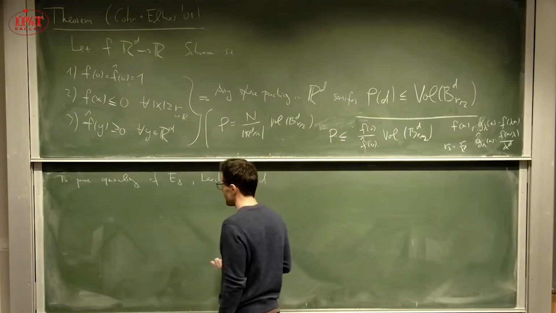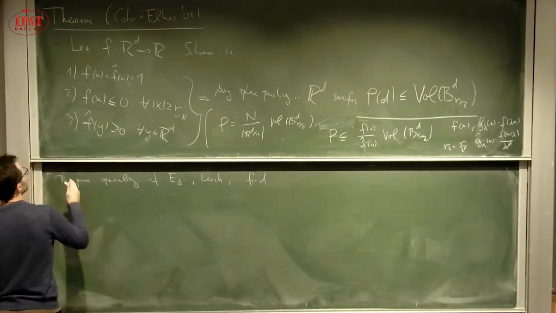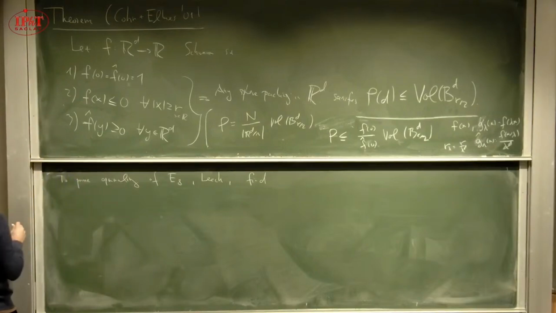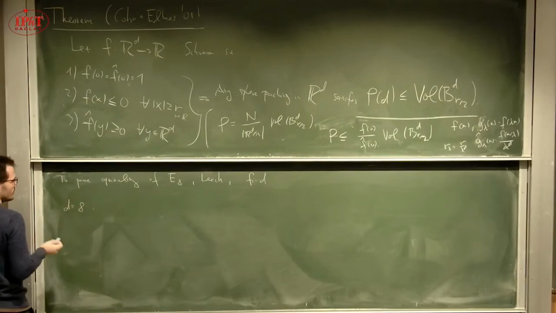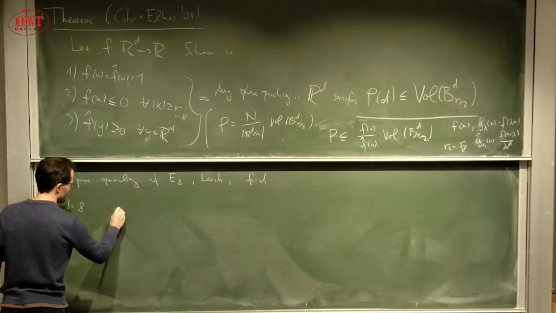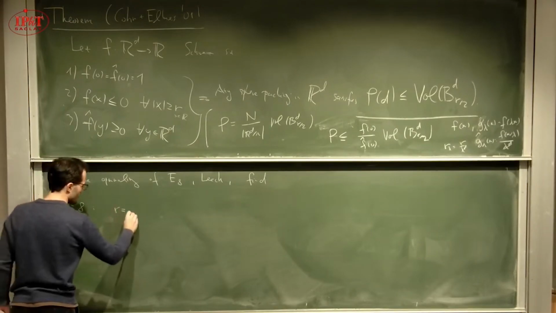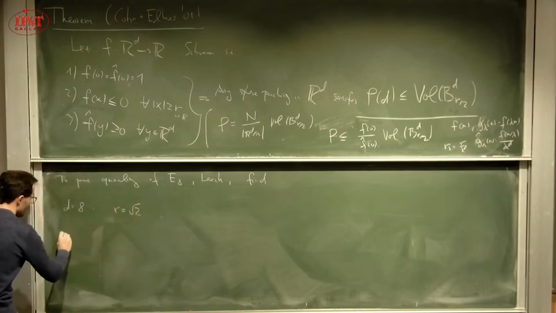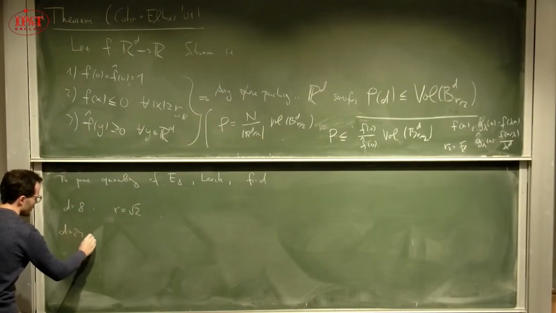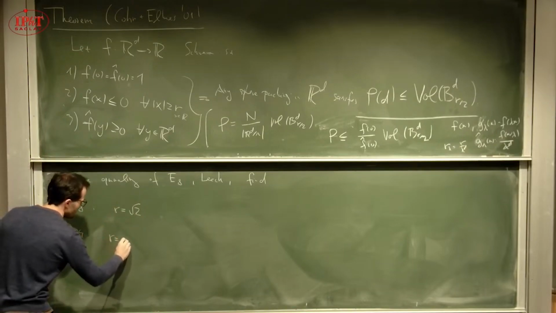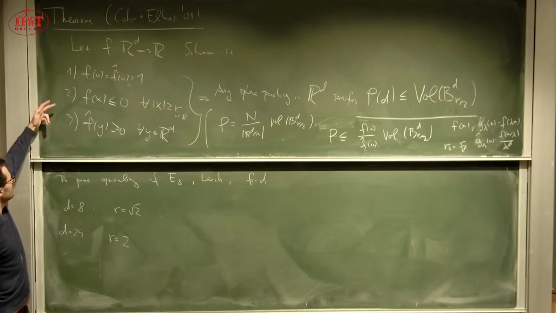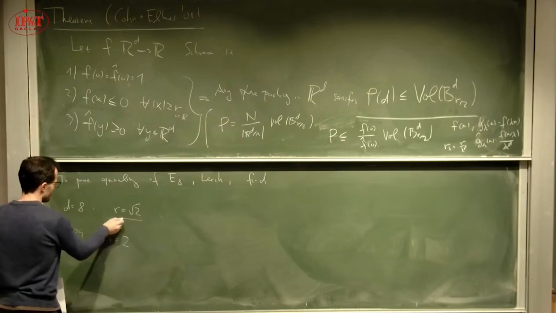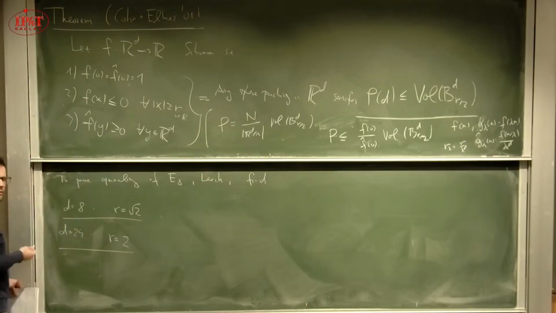What we need is to find F satisfying 1, 2, 3. In D equal to 8, we should have R equal to square root of 2. And for D equal to 24, we should do it for R equal to 2. So do you agree that if we can find F satisfying 1, 2, and 3 for these values of R, then we win?